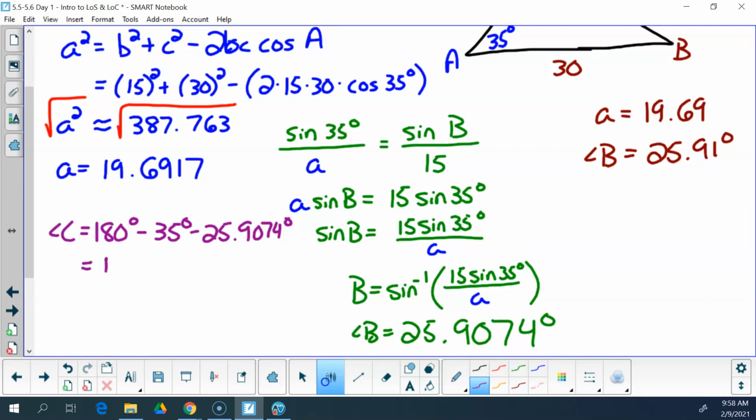So I get angle C here is 119.09 degrees.